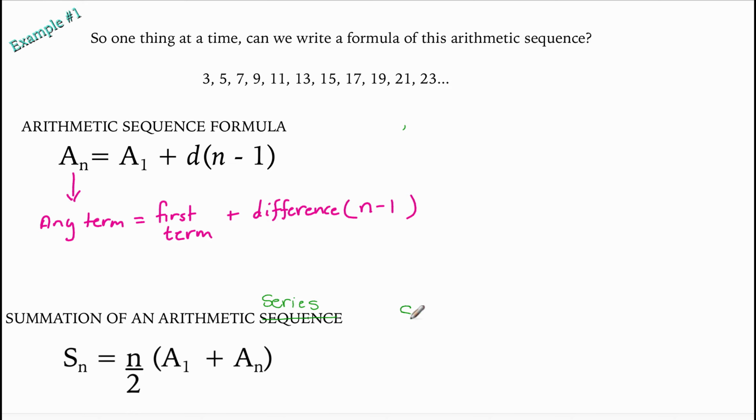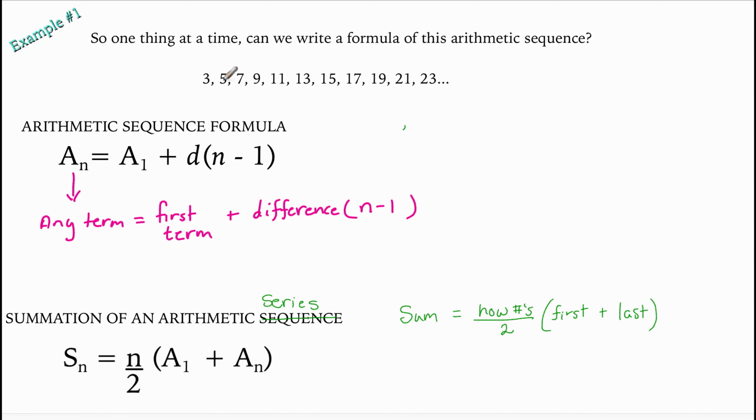Gauss said to sum up a series, we simply take how many numbers there are, and we pair them off. And if I know the first term and I know the last term, I can find the sum very easily.